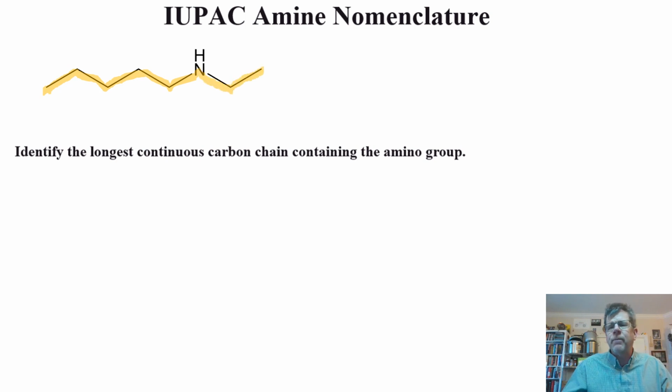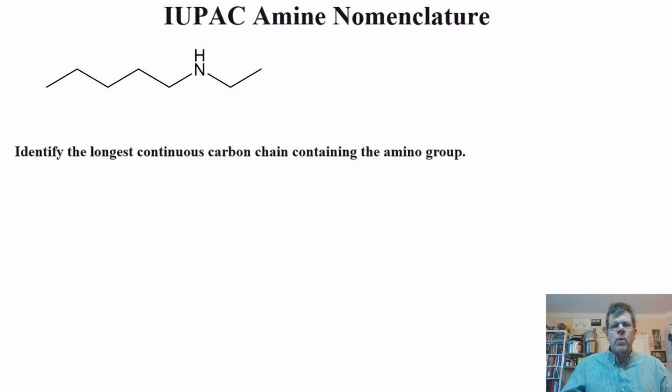It's very tempting to do that. But we have to be cognizant that this has to be the longest continuous carbon chain. Continuous. Notice what I did up top. That's not continuous. We have a nitrogen right there that breaks the continuity. So that's not a continuous carbon chain.